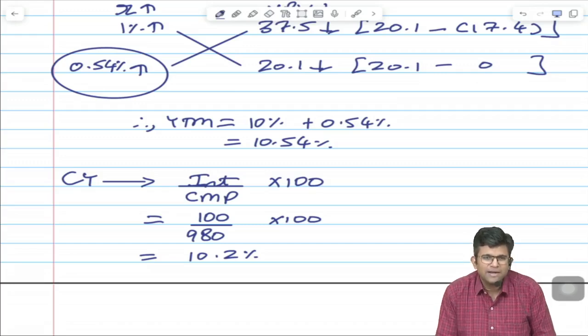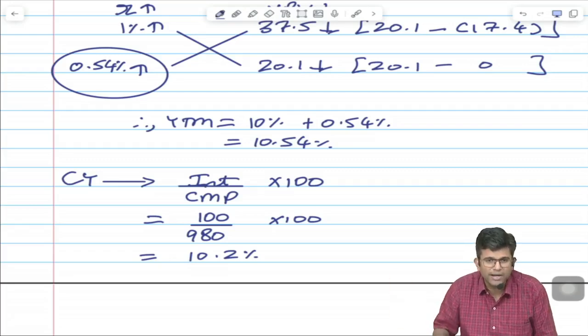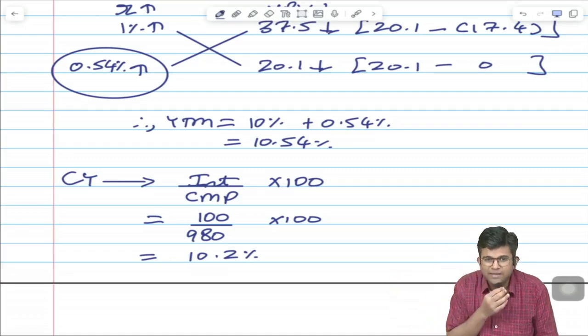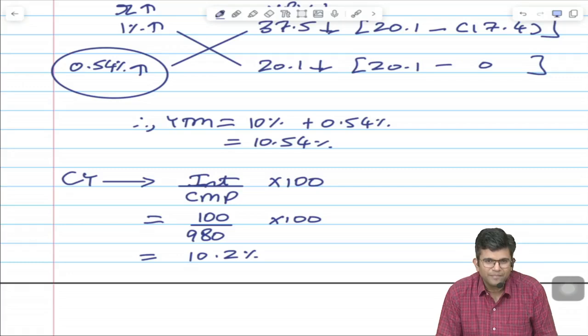Yes, it might not be as volatile as an equity share could be, because market interest rates don't fluctuate from 10.54 to 9 or 10.54 to 12. They fluctuate on the basis of something called basis points: 1 basis point, 2 basis points, where 100 basis points is 1%.